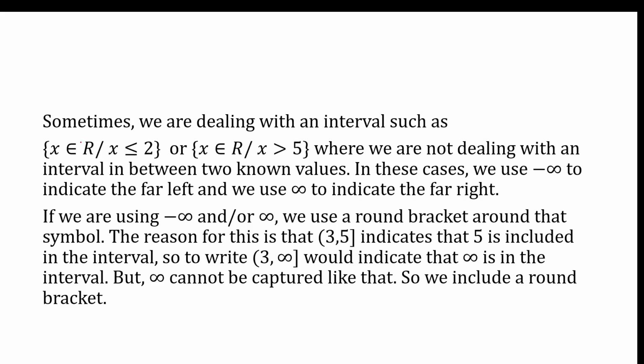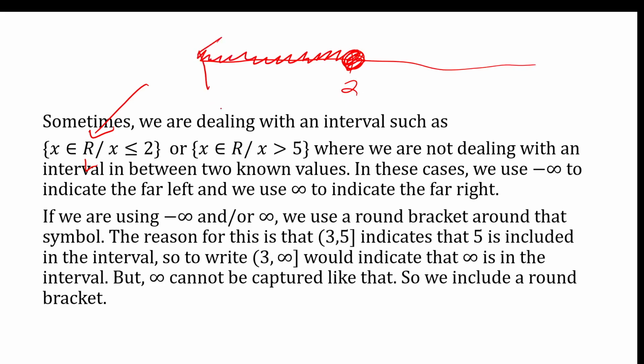In those cases, imagine this first one here. Imagine we were looking at that interval. What we have is the number 2. This is shaded in, and we're talking about all numbers to the left infinitely long. So what you might be saying is, well, there's no starting number for this interval.